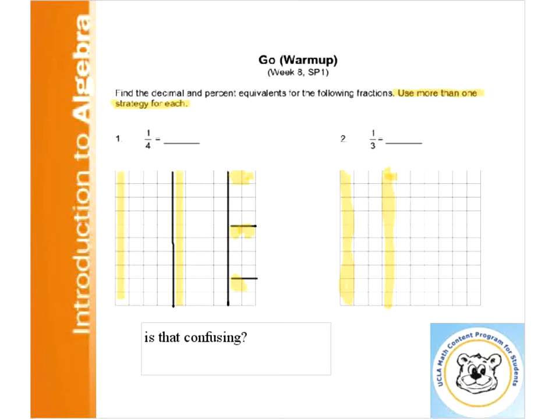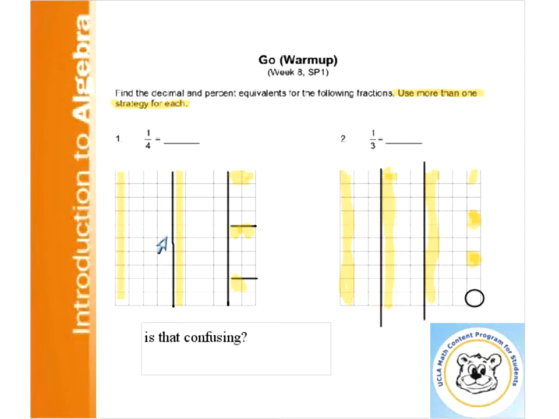All right, so for number 1, it looks like someone used the 100 square grid to figure out the decimal and percent equivalents for 1/4. Basically shading in 1 of every 4, which is what we did in last week's replicating lesson, to find the decimal and percent equivalents. So I know that shading in 1 of every 4 boxes, I should have 25 of the boxes shaded.